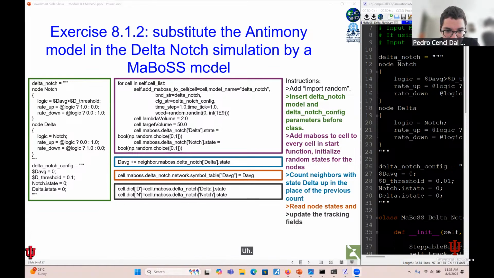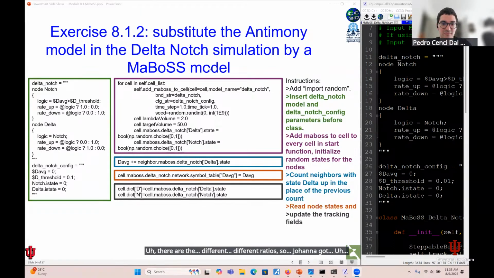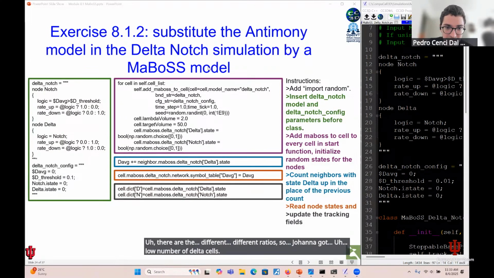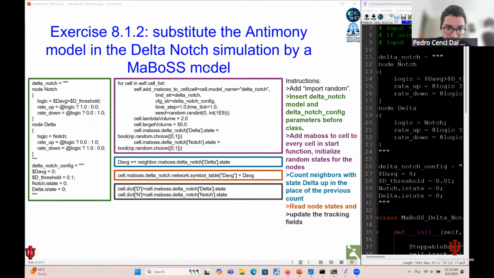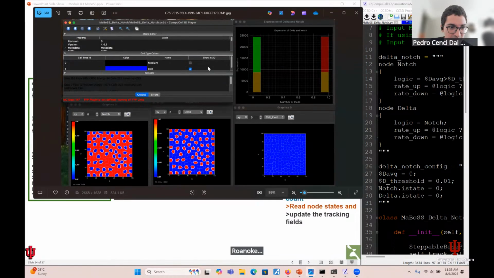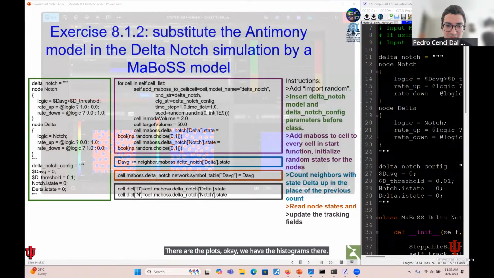There are the different ratios. So Johanna got a low number of delta cells. Ronak got a high number of notch cells, which is the same. There are the plots. Okay, we have the histograms there. All right.